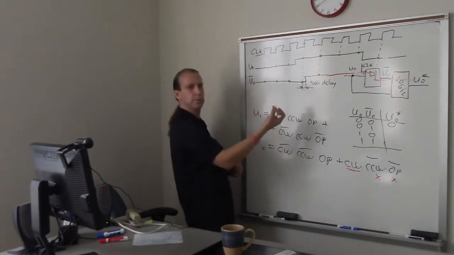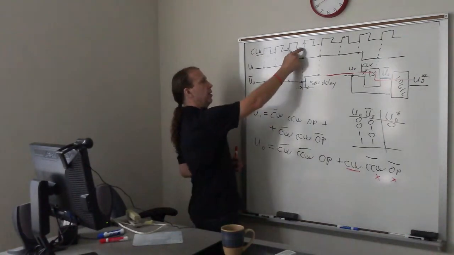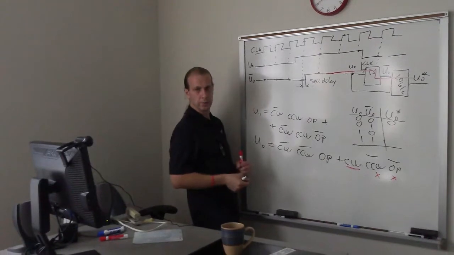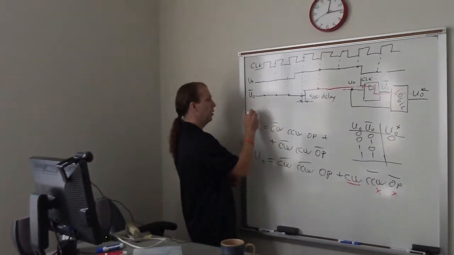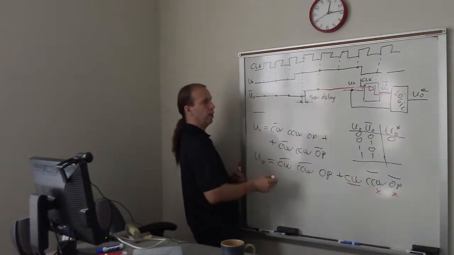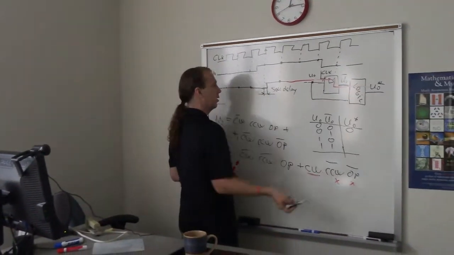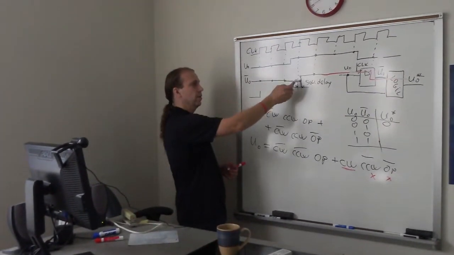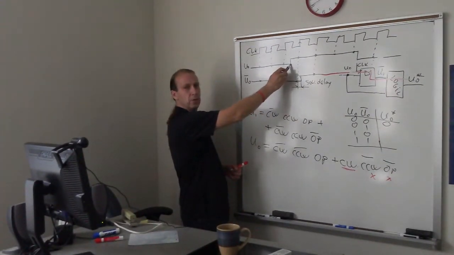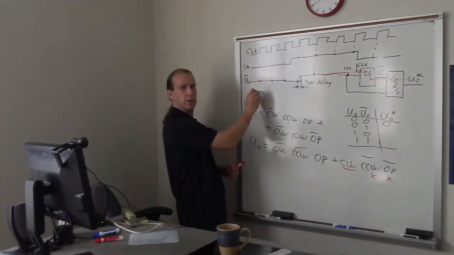And that short pulse must be as long as the period of a clock cycle. Obviously we cannot draw that short pulse, the U0 star, here, because we don't know when this event will happen in the future.